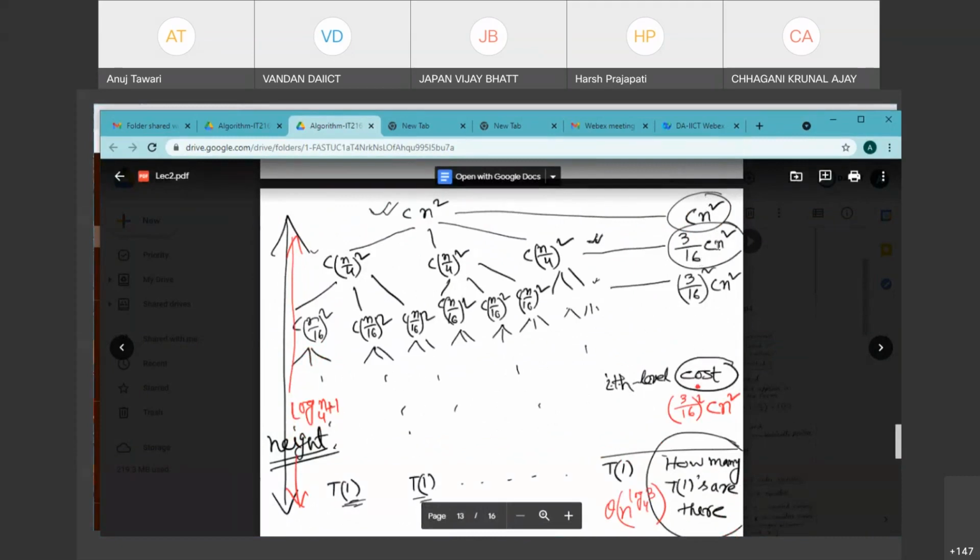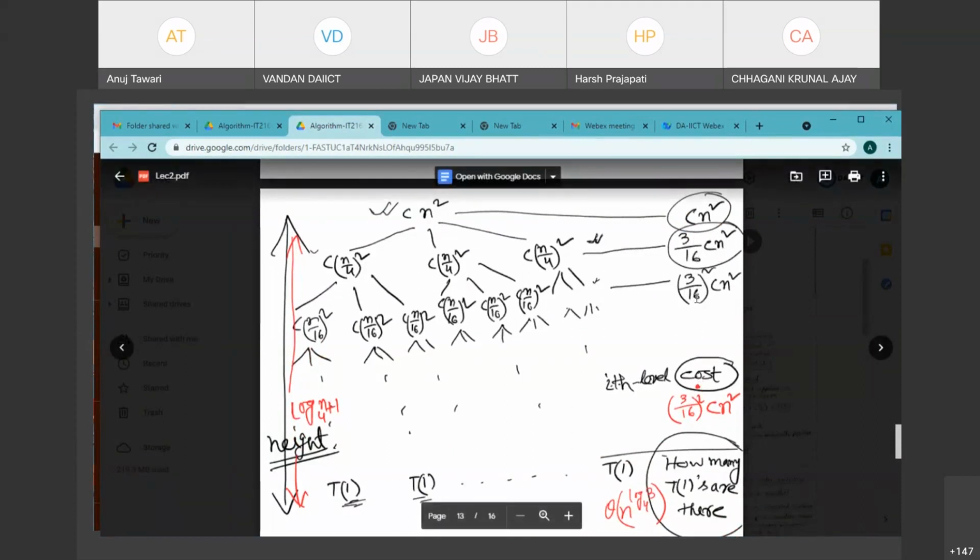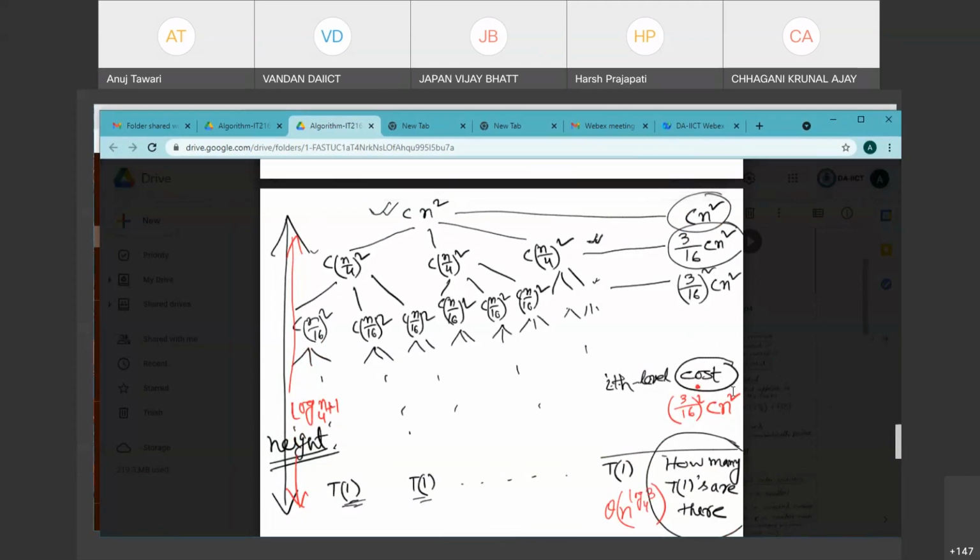Cn square, 3/16 Cn square, (3/16) whole square Cn square. And how much will this sum be at most equal to? Again, it's a geometric series. And if you evaluate, it is 1 over 1 minus 3/16, which is 16/13.